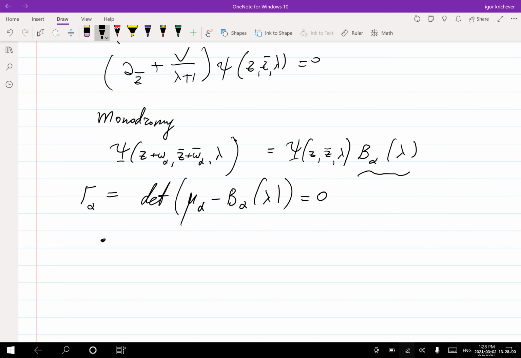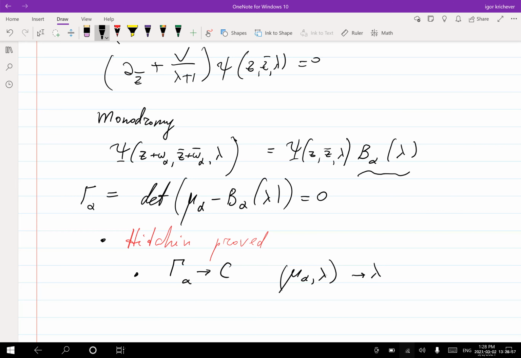What Hitchin proved, and it was an absolutely unexpected result, is that the projection of gamma alpha onto C, which is nothing but the projection on the lambda coordinates, is 2 to 1, because in Hitchin's case B is a 2 by 2 matrix.